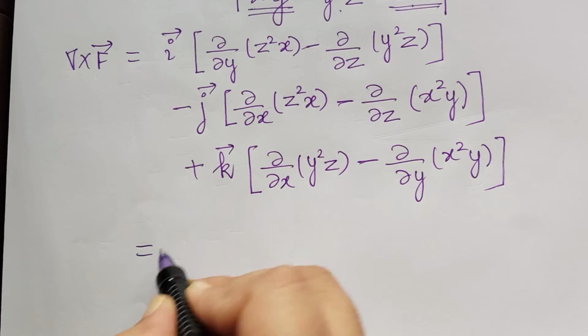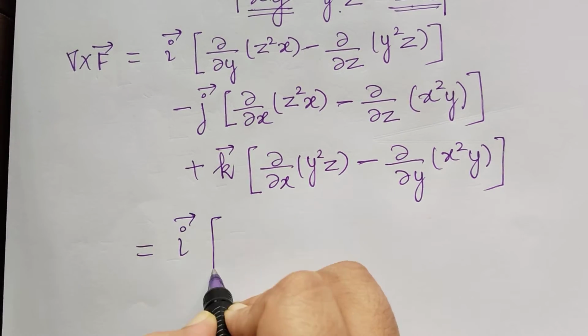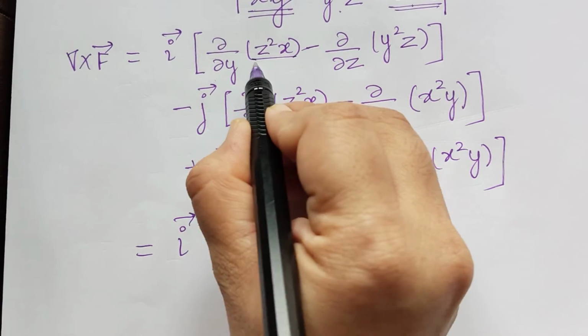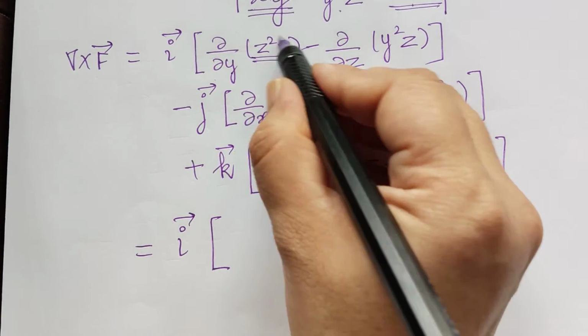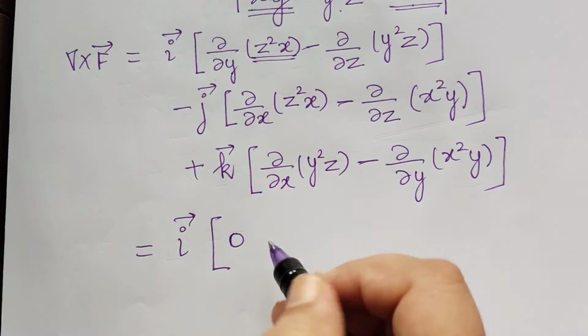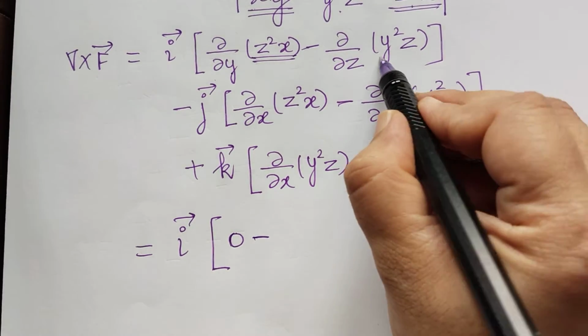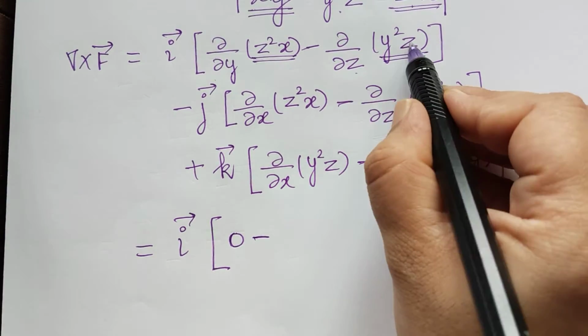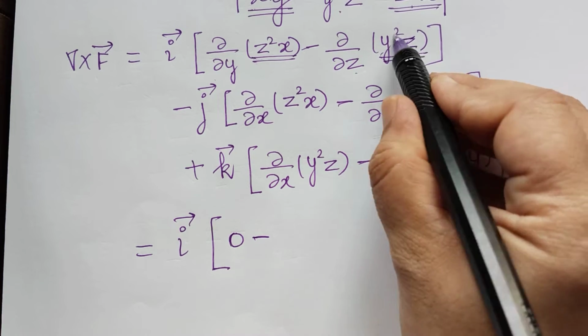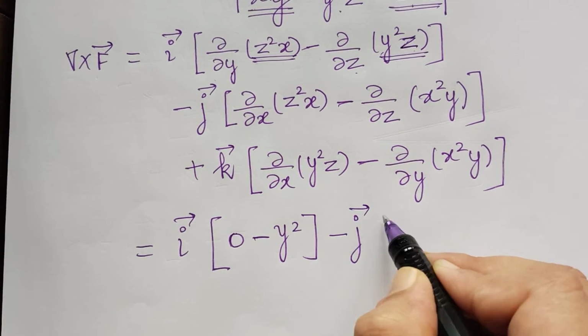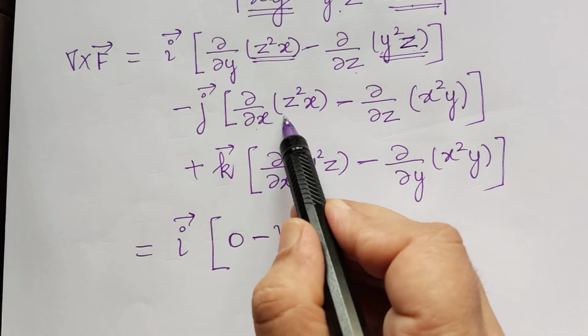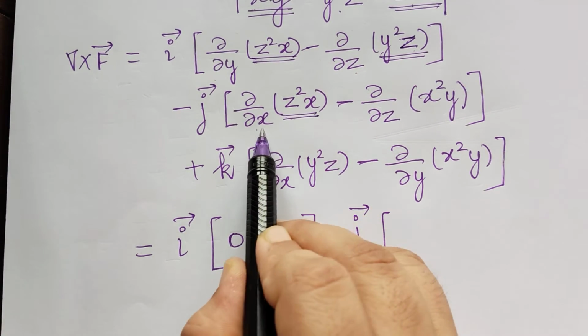equal to i vector multiplied with, what is the partial differentiation of this with respect to y? There is no y in this, so as a whole it is treated as constant, and so it is 0, minus the partial differentiation of this with respect to z, so the differentiation of z is 1, and we will get y square, minus j vector multiplied with partial differentiation of this with respect to x.